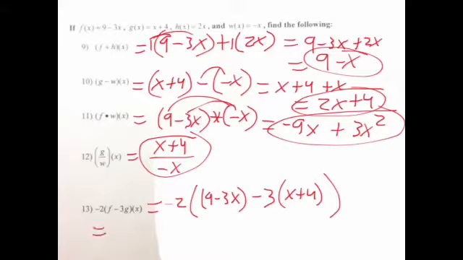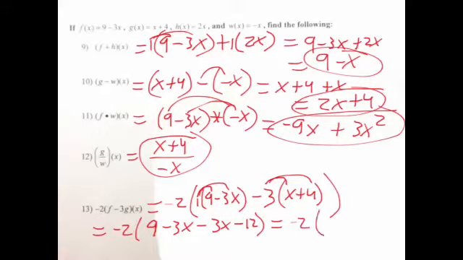And you can distribute the 2 if you want to, or you can work just from the inside out and at the end times by the negative 2, which is a route I like to take because I want to distribute that through. I'll distribute this 1 through, and that's going to give me inside 9 minus 3x minus 3x minus 12.